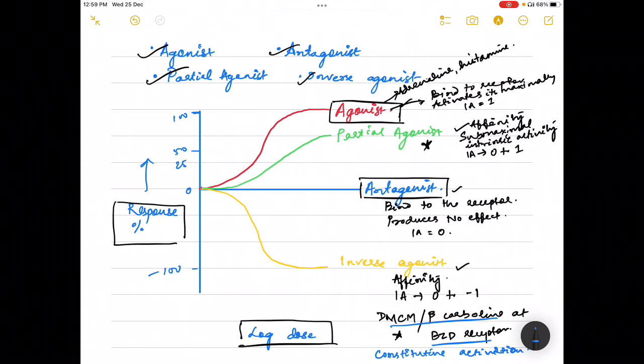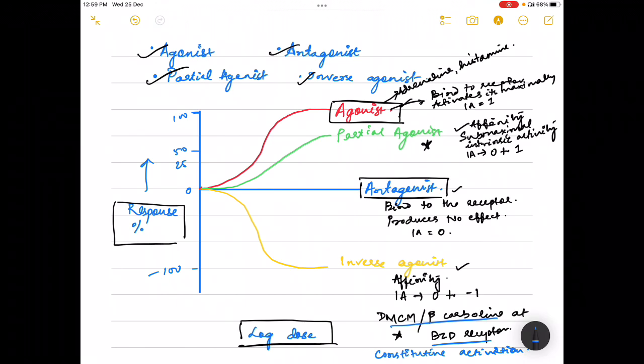Okay, so quickly revising. Agonists are the ones which bind to the receptors and activate them maximally. That is, they have affinity and intrinsic activity is equal to 1. The examples are adrenaline, histamine at their respective receptors. Partial agonists have affinity but a submaximal intrinsic activity, that is, between 0 to 1.